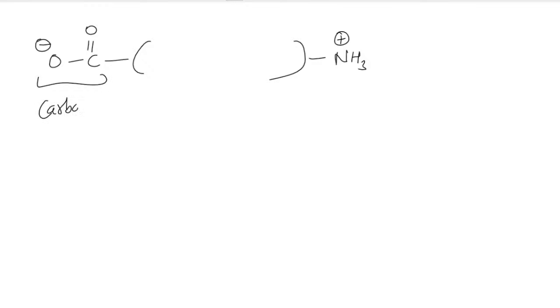After the shifting of H positive from the carboxyl group, it formed like this. One side there is a carboxylate ion, on the other side it is ammonium ion.